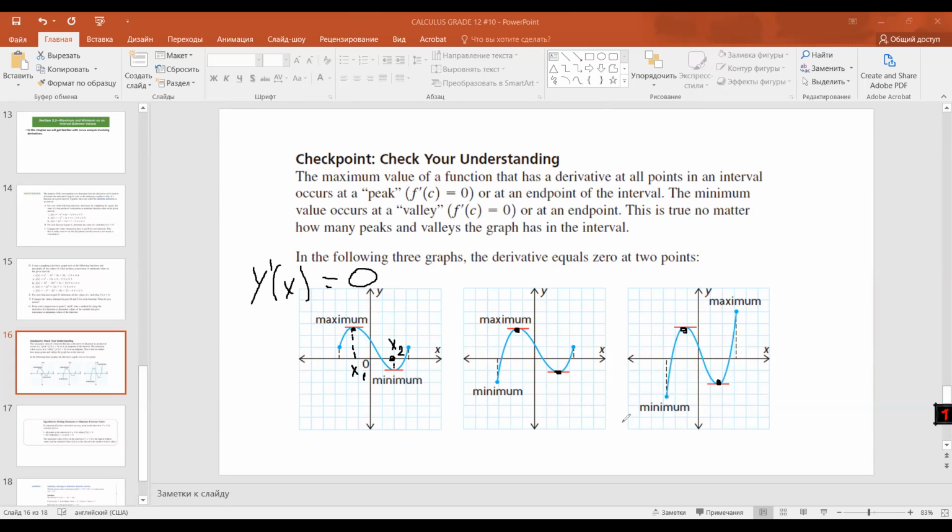And also you have the minimum and maximum values of x. You see it? They are defined by the domain of a function, from x1 to x2, for example. x1 would be the smallest, and x2 would be the greatest.